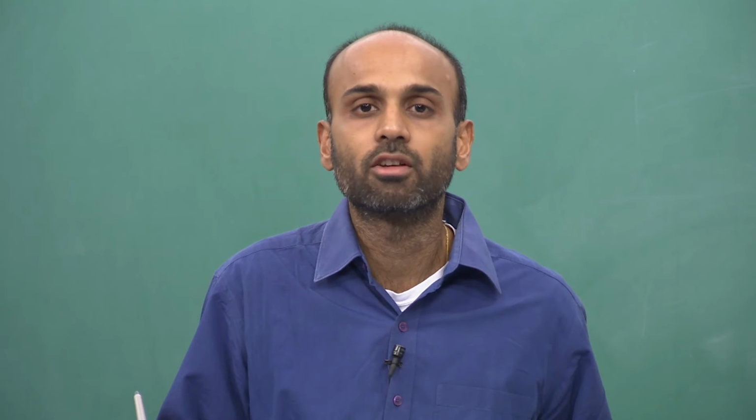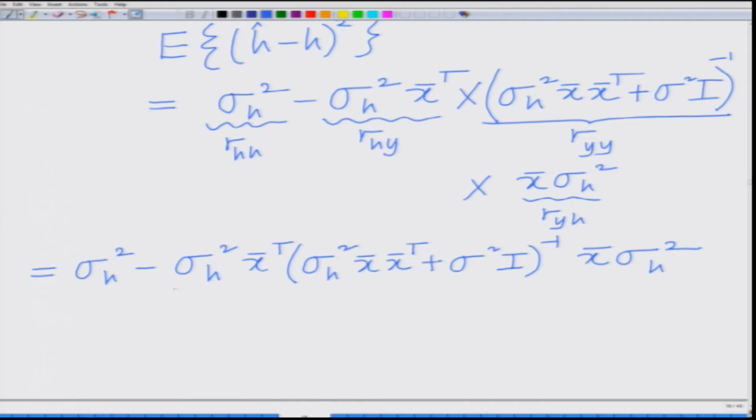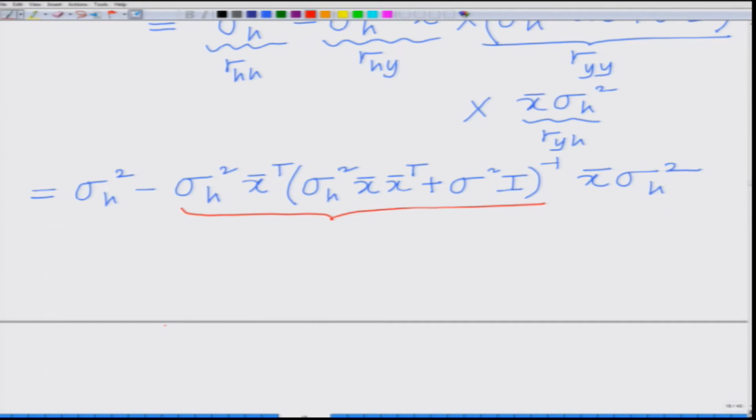Now, we are going to simplify it, and you already know the principle that we use in simplification. We have already seen this part can be interestingly simplified as, you can recollect again from the previous modules, that sigma_h square times x bar transpose, we have demonstrated this also, x bar transpose into (sigma_h square x bar x bar transpose plus sigma square times identity) inverse.